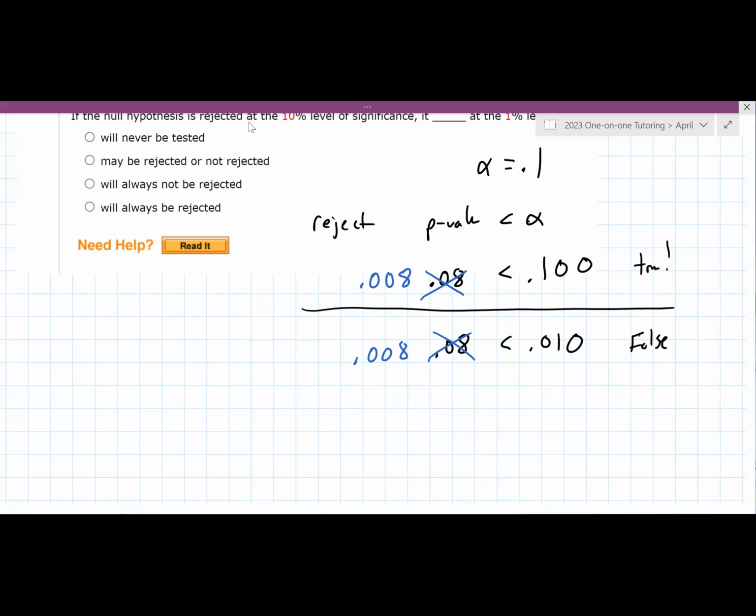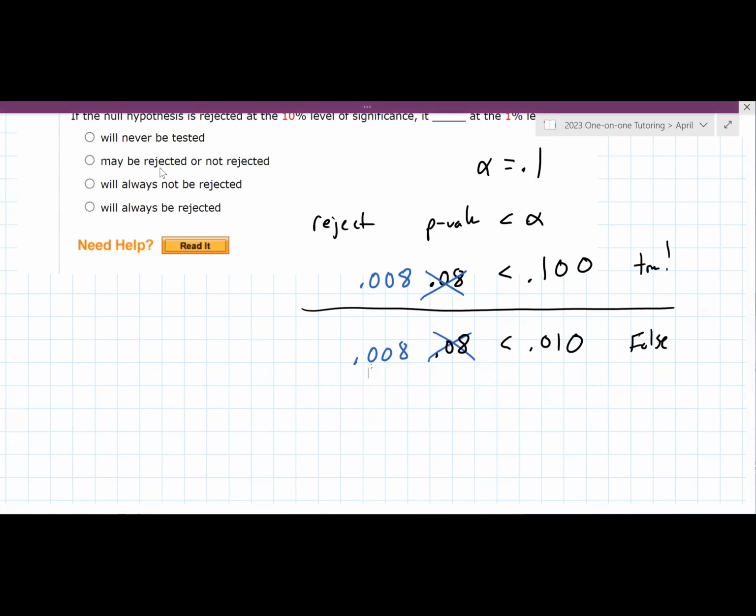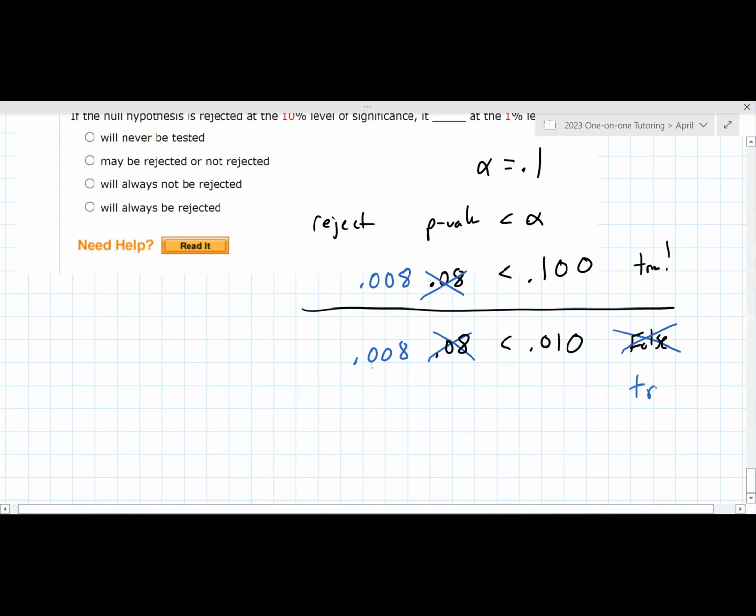Go digit by digit. The first 0 is the same. Then the next 0, you have 0 and 1. Is 0 less than 1? Yes. So this is now true. In one scenario, it was true, false, meaning it worked in one but not the other. In the other scenario, it was true, true, meaning it worked for both.